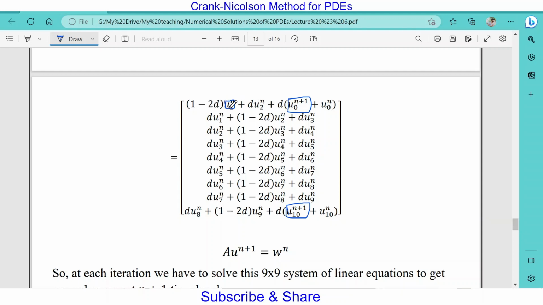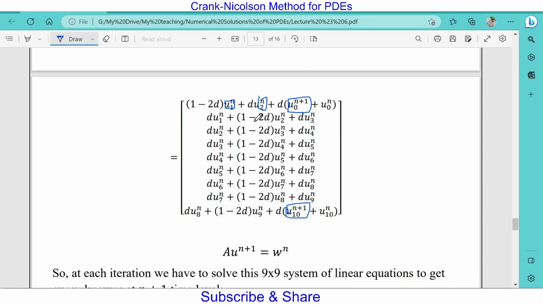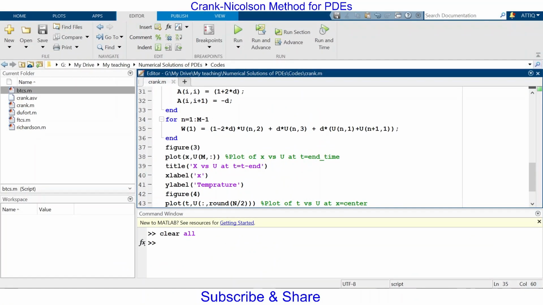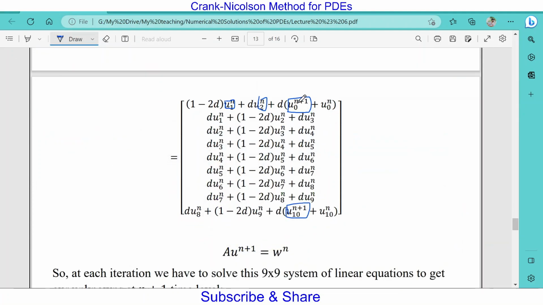So here we have n1, there we will be using n2 plus d times un2, but 3 in MATLAB. And for the last values, d is multiplying with un1 and plus un plus 1, 1.